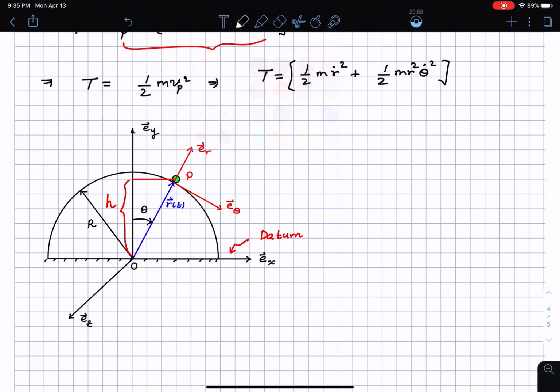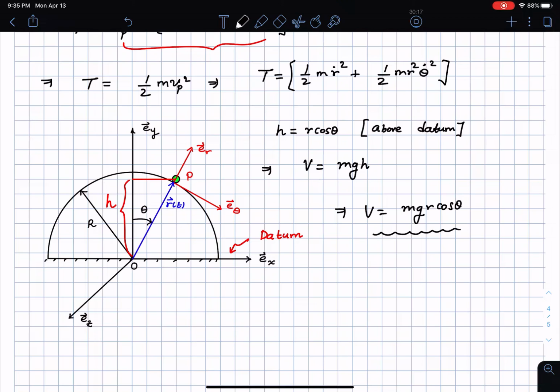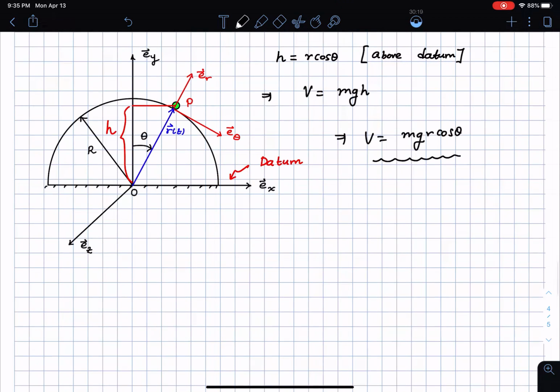So when I write the height, h is equal to r times cosine theta, which means that my potential energy V in this case is mgh, and if you want you can call this a height above the datum, which means that V, the potential energy, is mgr cos theta.